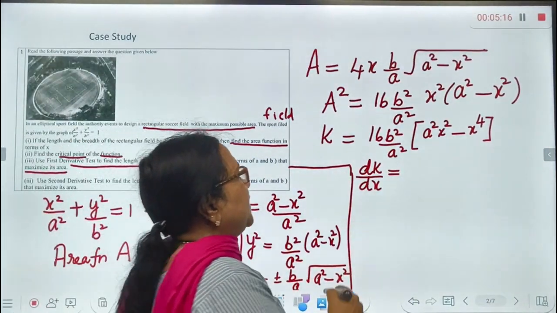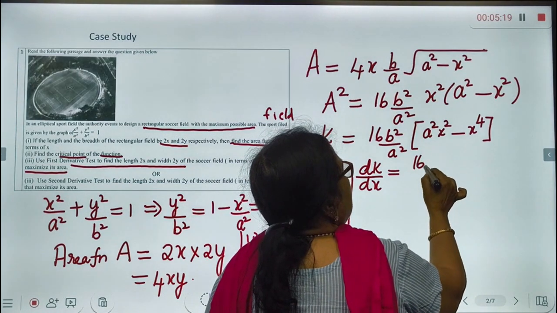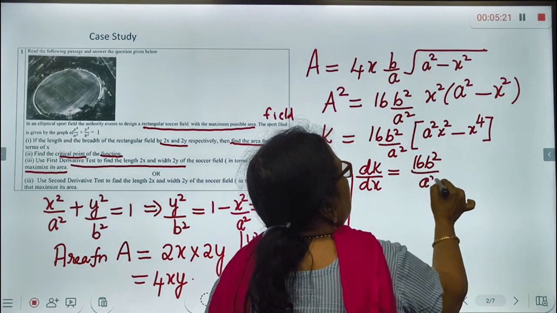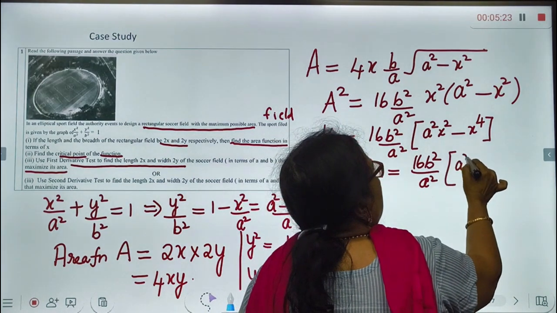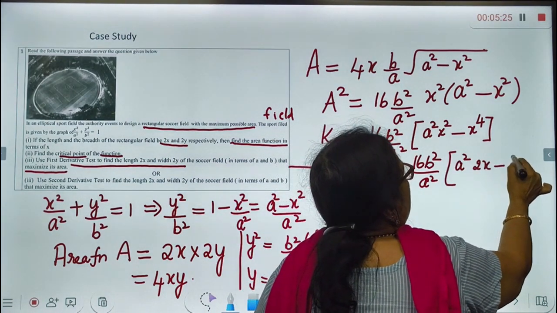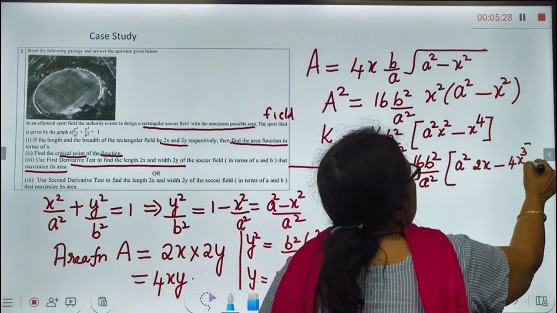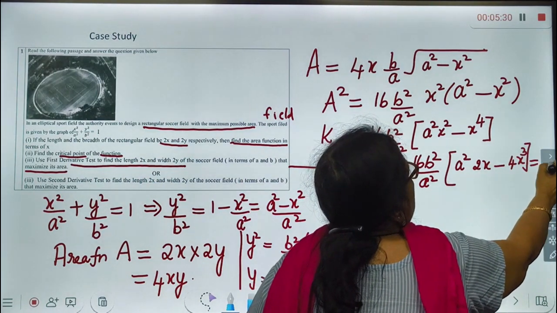So dK by dx will be 16 b square by a square into a square 2x minus 4x cube, equated to 0.